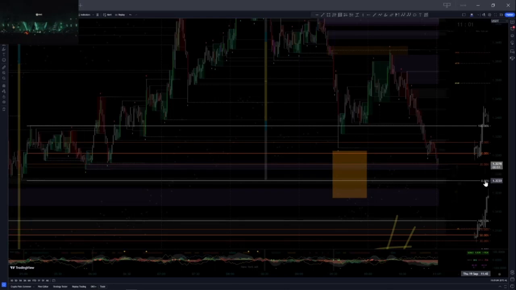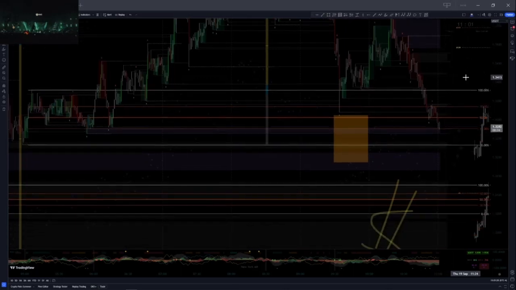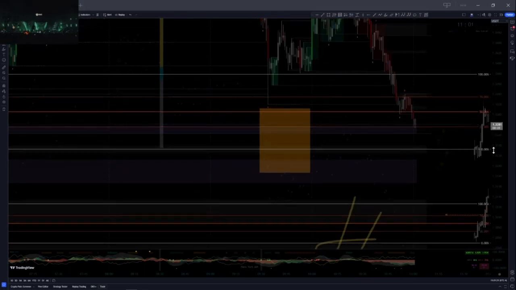Largest point is right here below the low. Dominance opens up, Bitcoin dominance is opening up. USDT is going down. Money flow still pushes down here.